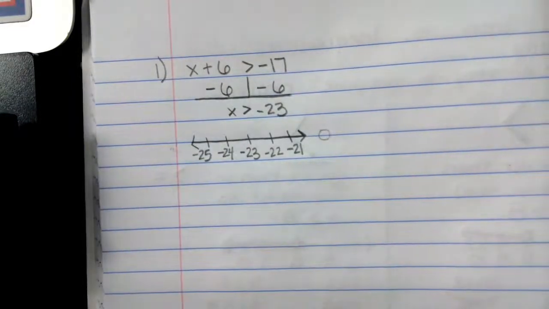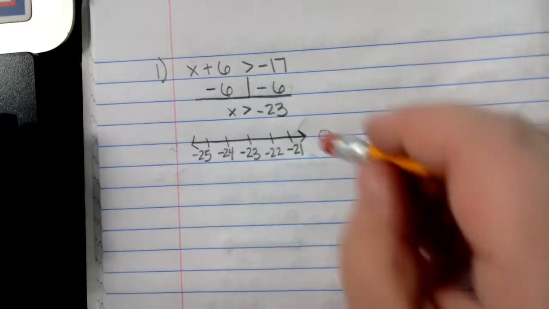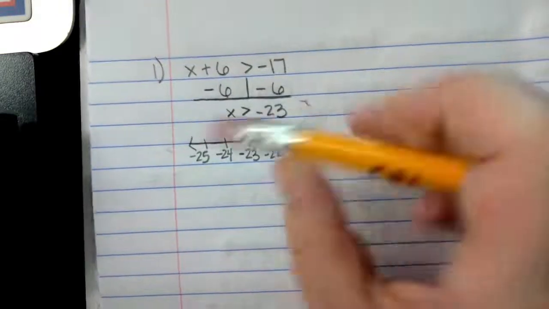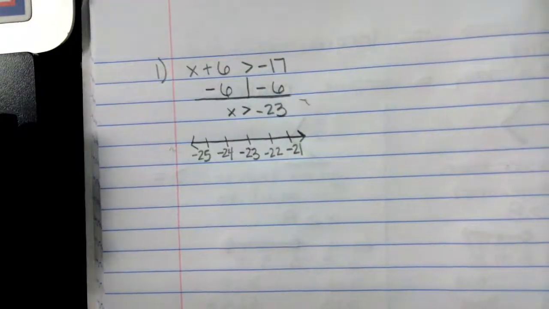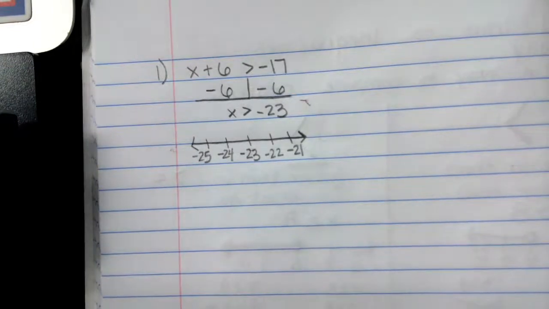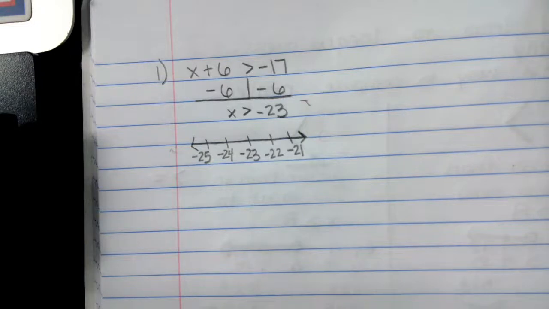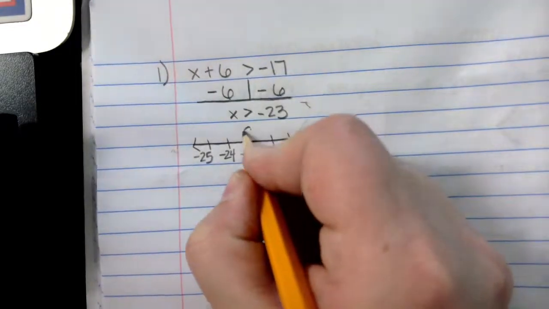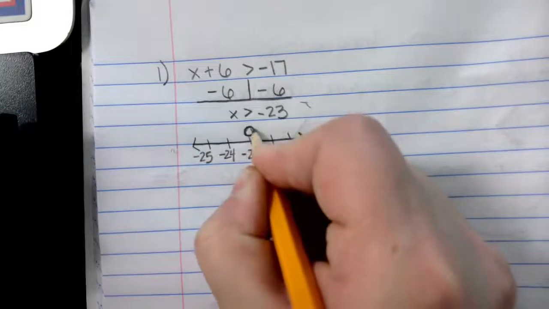All right, so now we have to decide, are we going to have an open boundary? So is it going to be open at negative 23 or closed? Does it include this 23? No. So it's going to be open because we don't have that equal to. And which numbers are going to be bigger than negative 23?